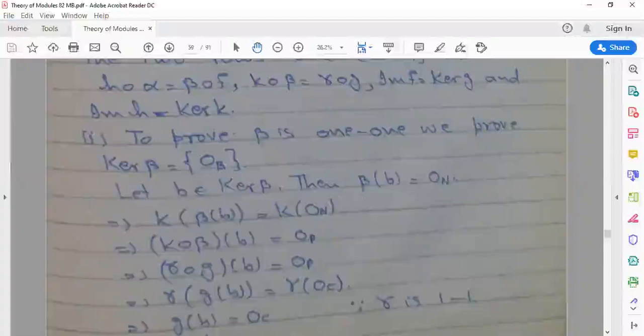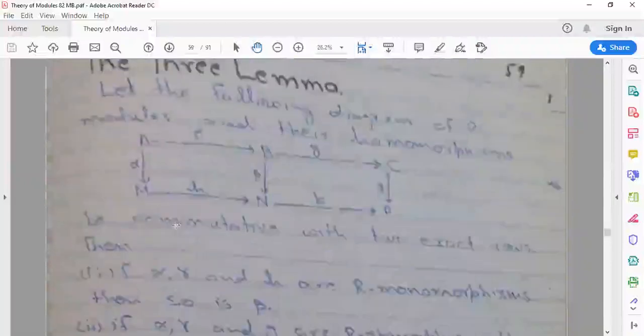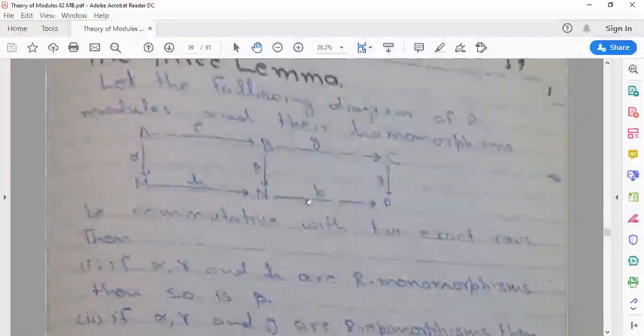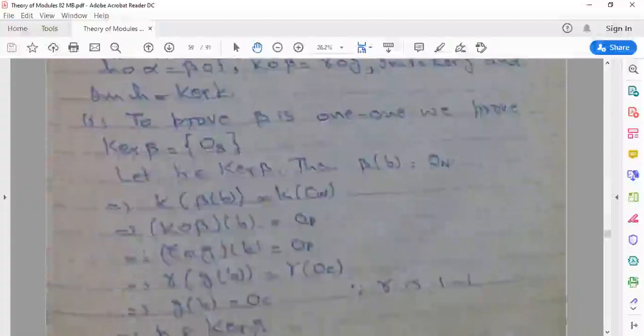Then beta of b is equal to 0_N, since b belongs to the kernel of beta. After this we apply k to both sides, because k is also a homomorphism.